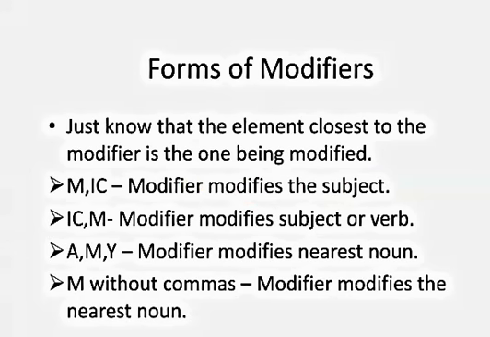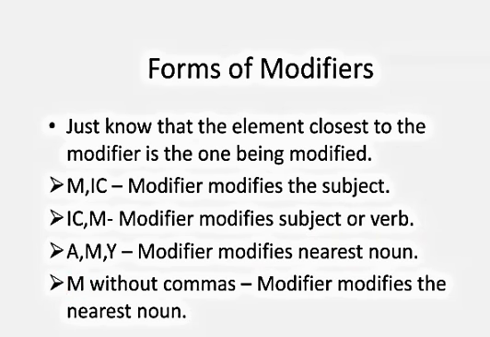Let me rephrase this, they modify the closest subject. When you look at this, it's the reverse of this. This modifier modifies the subject or the verb, whichever is the closest. When you look at this, the same thing, the modifier modifies the nearest noun.